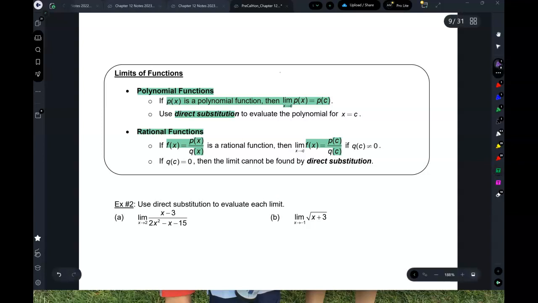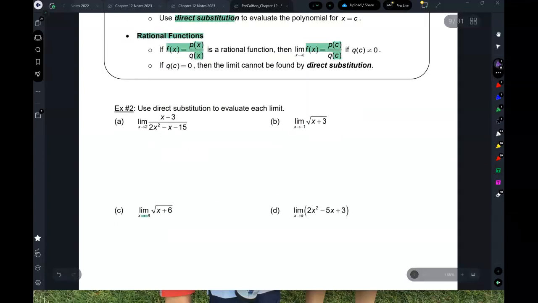So here we go. You want to find the limit as x approaches 2 of this function. On yesterday's homework, we had to graph this thing and see it. But today, all we're going to do is plug the 2 into each of the x's.